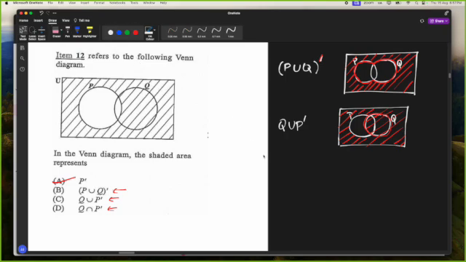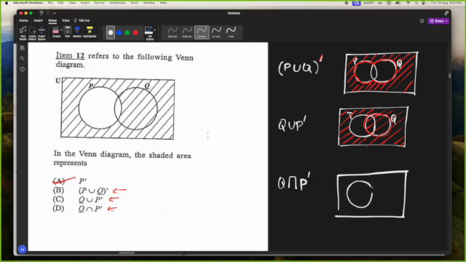And then the last one here is Q intersect P complement. So I'll draw my diagram here. And this here is P. This here is Q. And so what do I want?